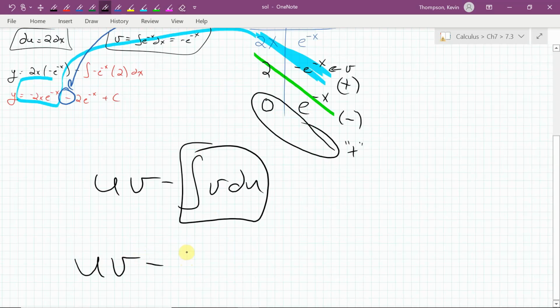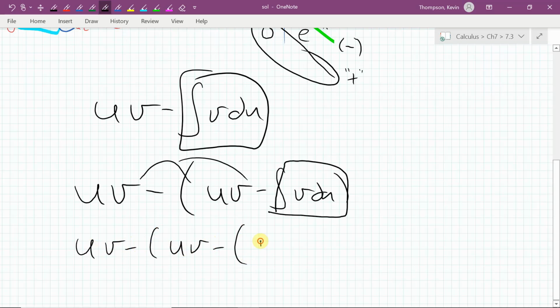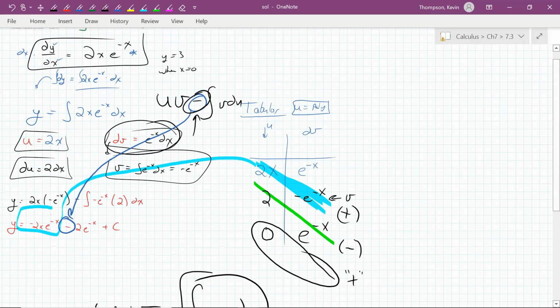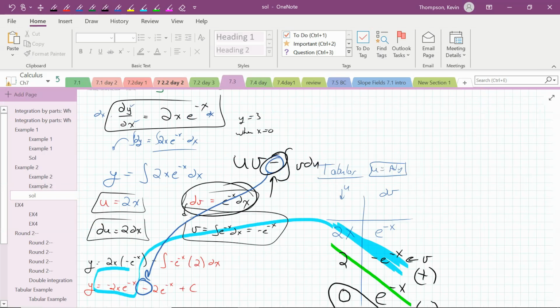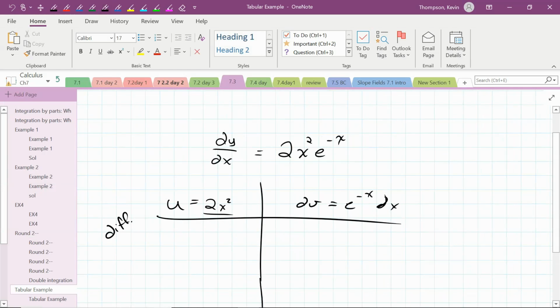I'd write uv minus the integral of v du. Do you see that we're going to get an alternating pattern? If this piece takes that step of integration by parts again, I'm just going to nest all these negatives together, and these signs are going to alternate. Which means, why don't you try the tabular method on this problem.